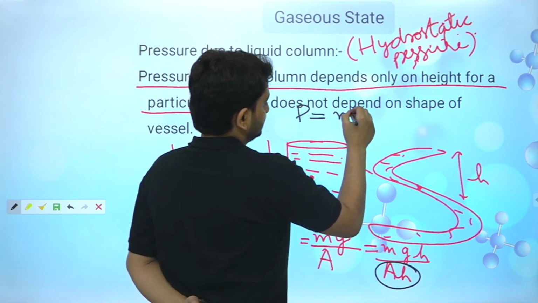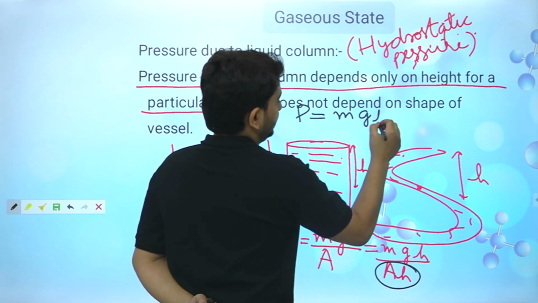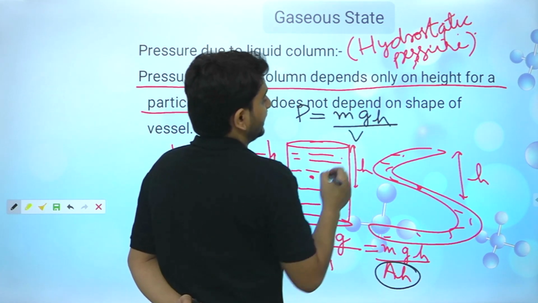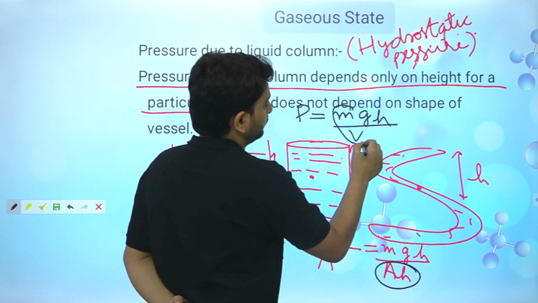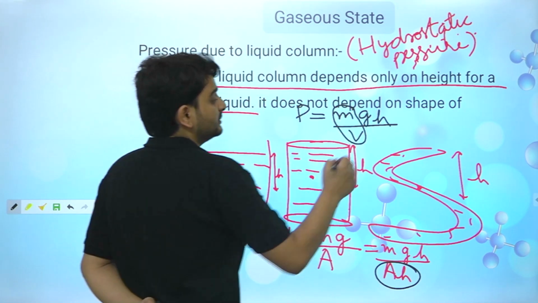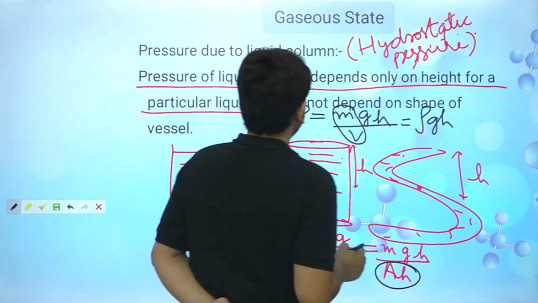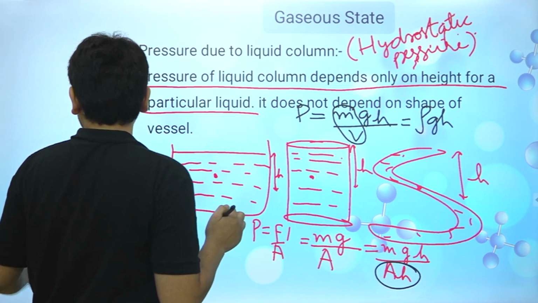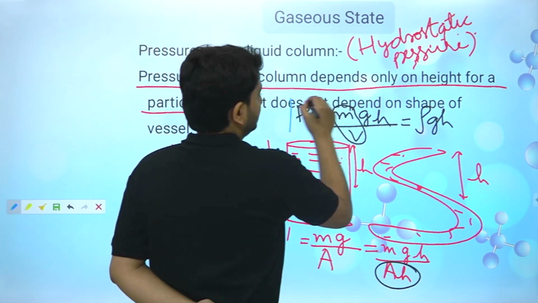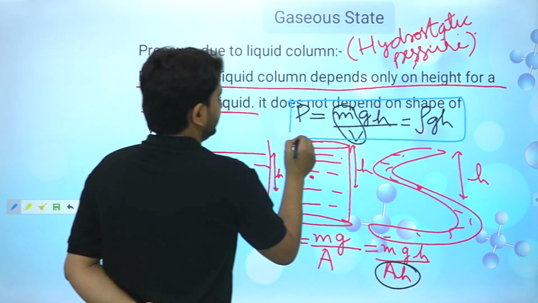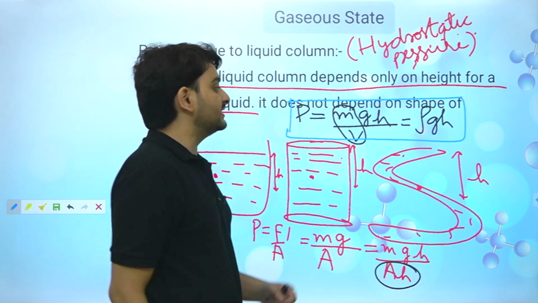So this will become mass into g into h over volume. And we know that mass over volume is density. So this will become density into g into h, so rho gh basically. So this will be the pressure at any height in a hydrostatic column. It will be rho gh.